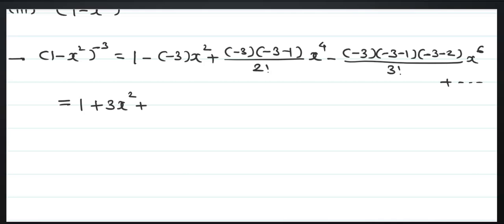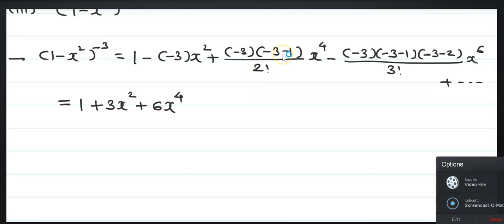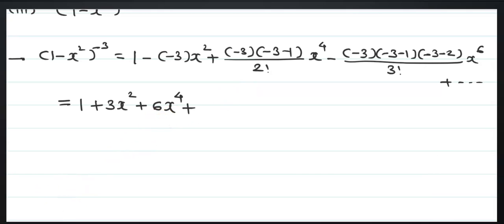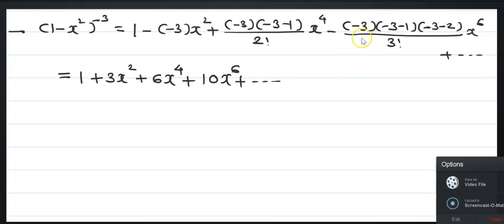1 plus 3x square. Next is, what is here? 4 into 3, 12. 12 upon 2, that is 6x raised to 4. Next is also plus. Now the simplification. That is 10x raised to 6. Now 3 factorial means what? 6.